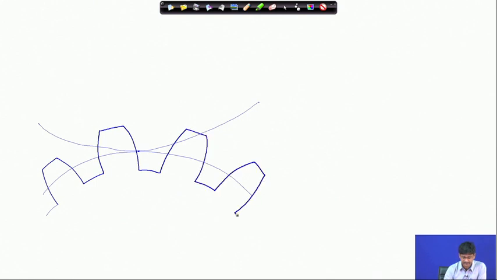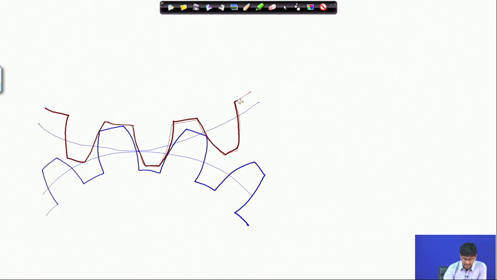So, they are in contact with each other here, and I draw the teeth of one gear this way, and I draw the teeth of the other gear here, like this.